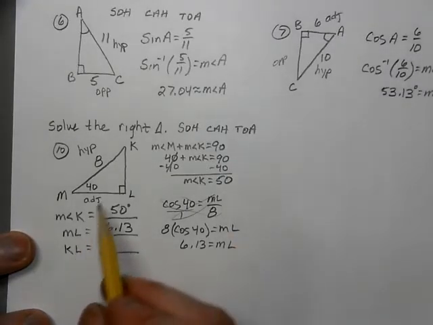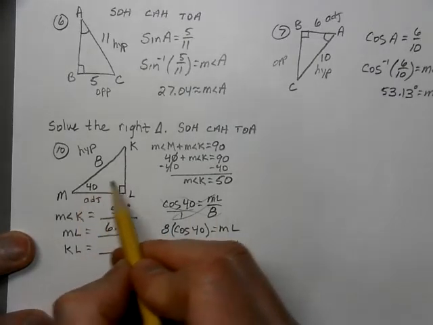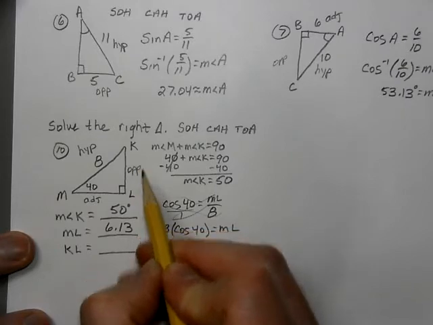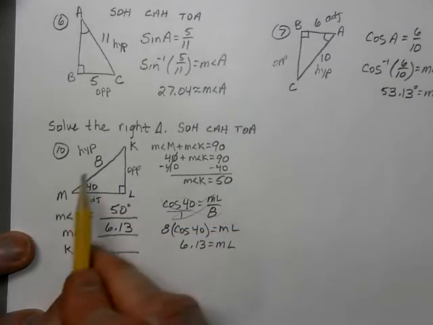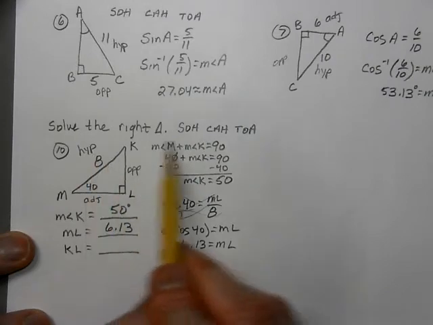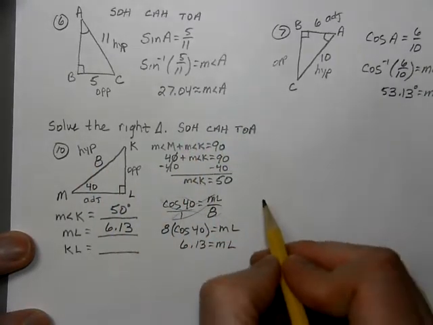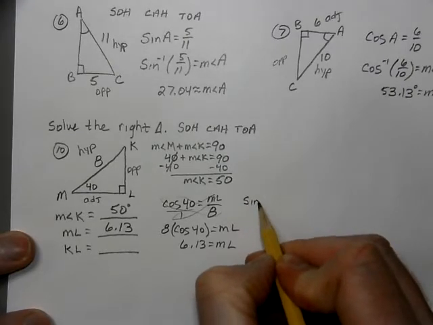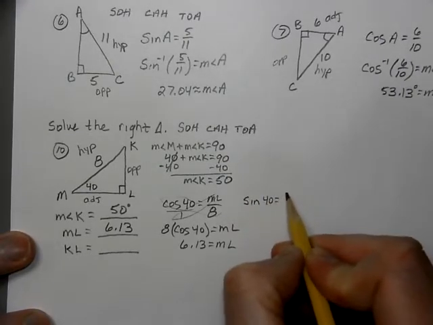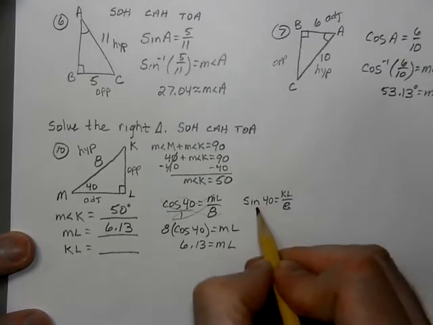Next, we're going to look for KL. KL is the side that's opposite the 40. We still have the hypotenuse. So now we're going to use opposite over hypotenuse using SOHCAHTOA, that's sine. Sine of the 40 equals the opposite side over the hypotenuse.